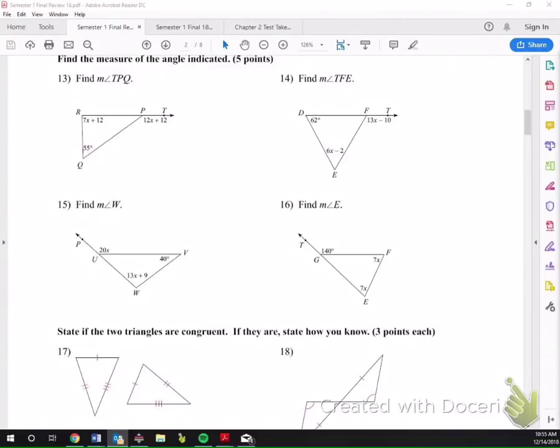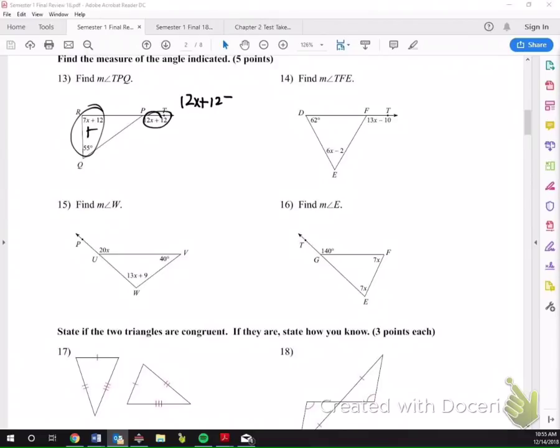Okay, so here we're asked to find the measure of the angle indicated. These are exterior angle theorem problems. What this means is that the exterior angle, the one on the outside of the triangle, formed by extending the lines of one of the sides of the triangle, equals the sum of the two remote interior angles.